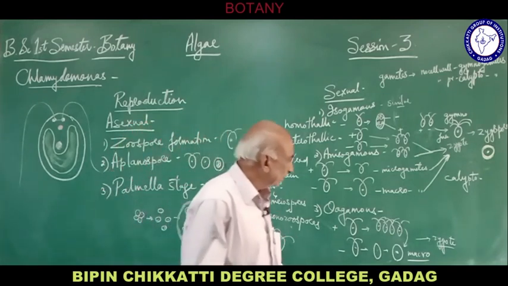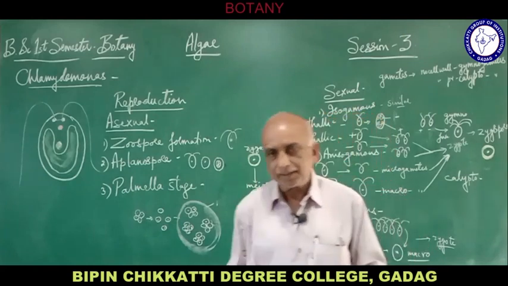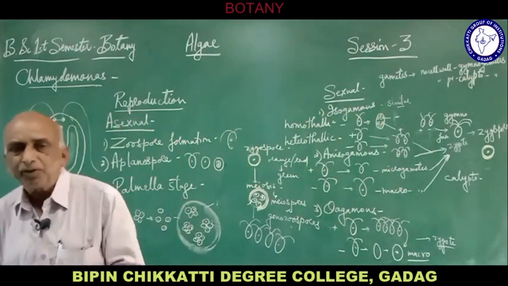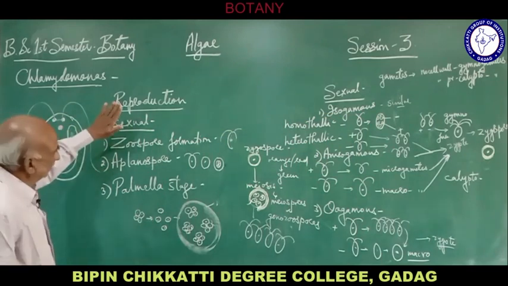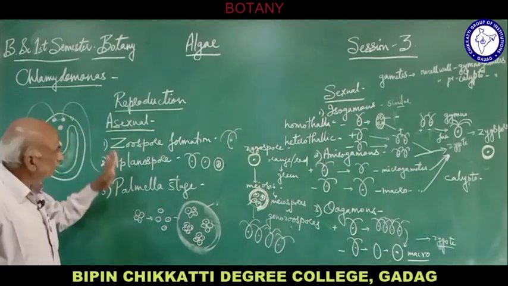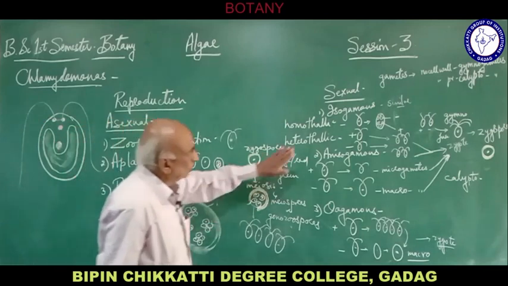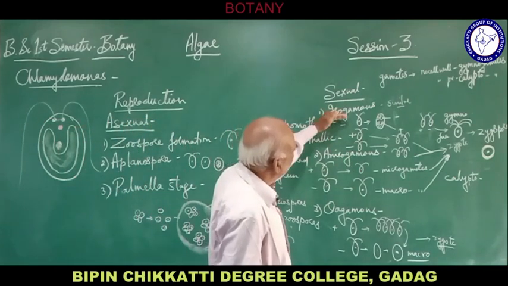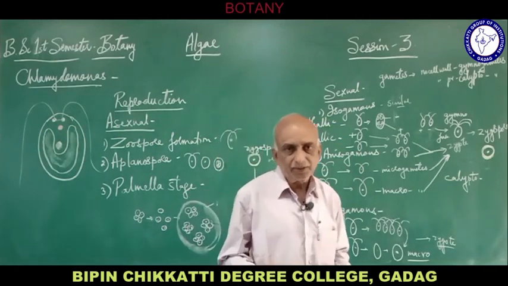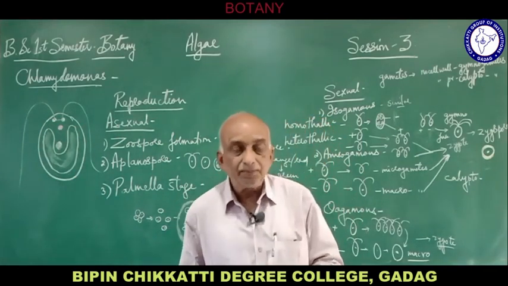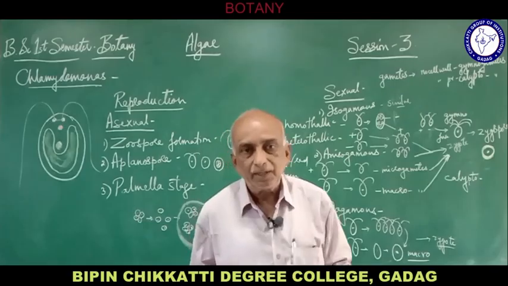So the Chlamydomonas cell, which is unicellular, has stages of asexual reproduction and also sexual reproduction by isogamous, anisogamous and oogamous reproduction. So that is about the life cycle of Chlamydomonas.